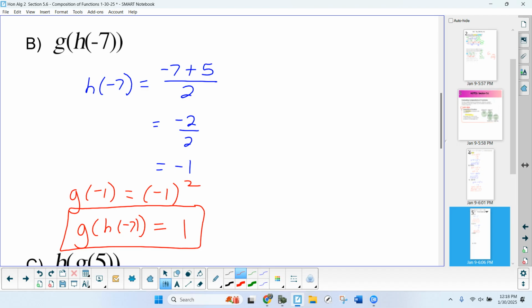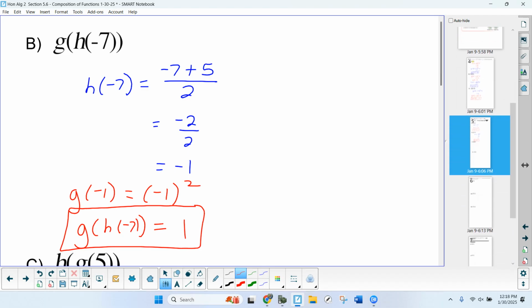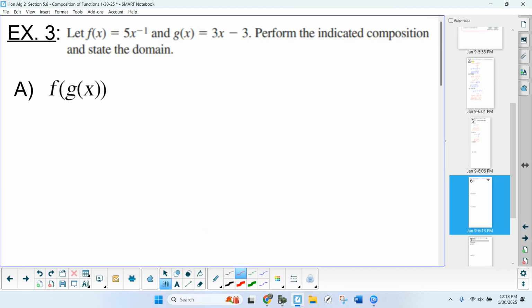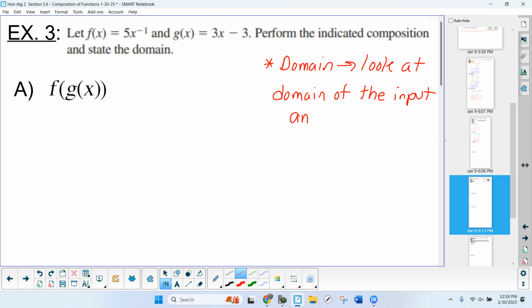Now we're going to switch gears. When you look at your domain, I'm going to put a note over here. For the domain, you need to look at the domain of the input and the final answer.